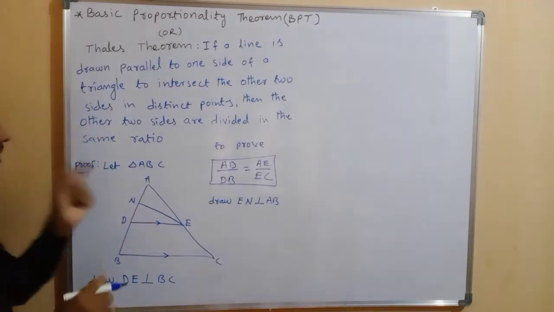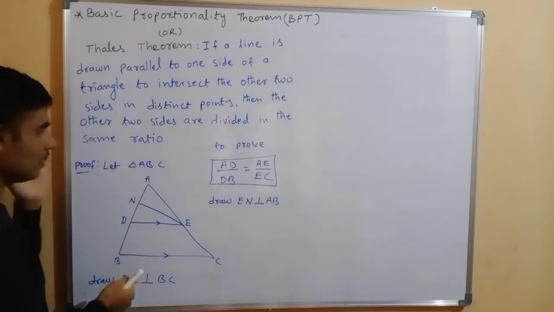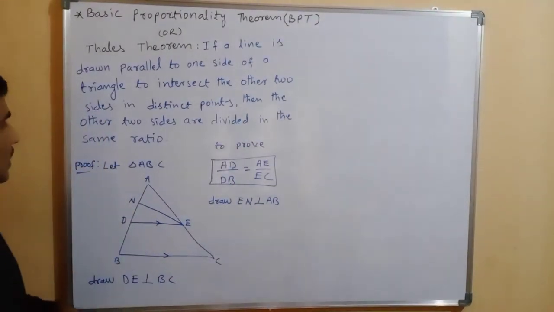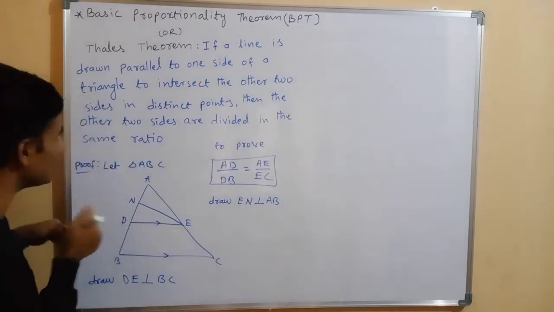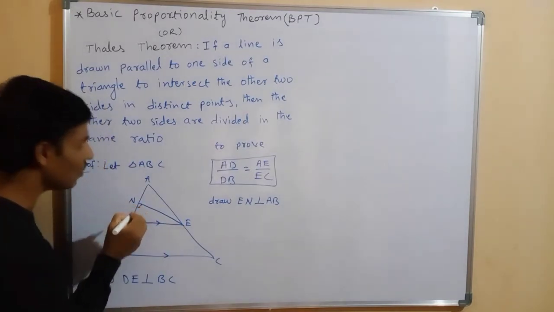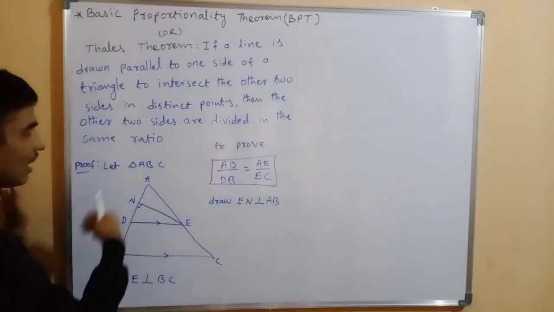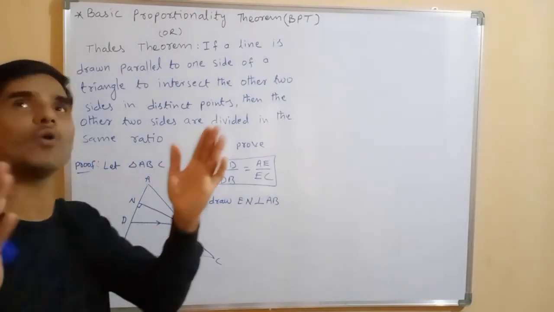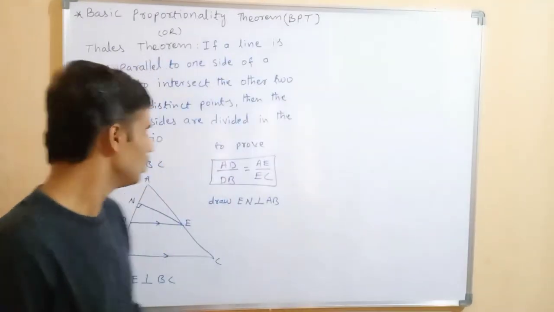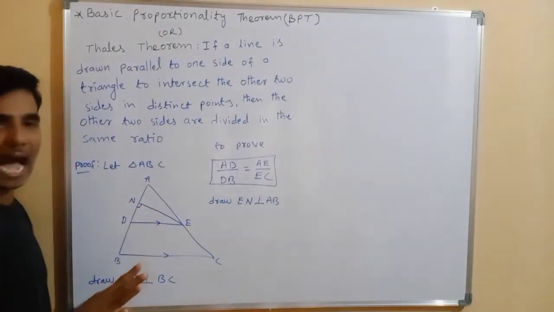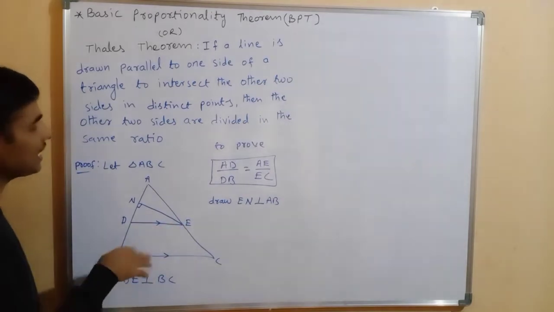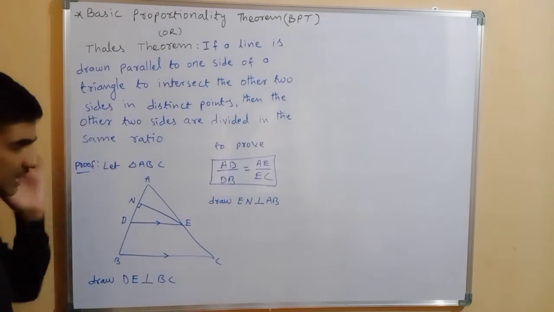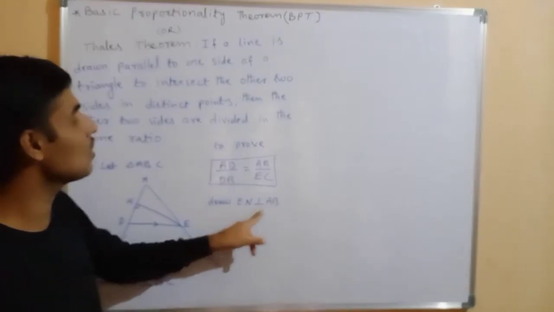See, perpendicular means it makes 90 degrees. So we take the height of the triangle. Why? In a triangle the height will be the same. So this EN is the height, and anywhere you take the height of the triangle, it equals EN. Remember that. So draw EN perpendicular to AB.